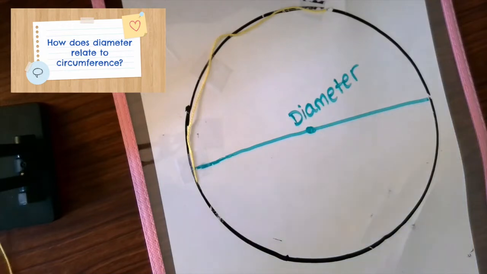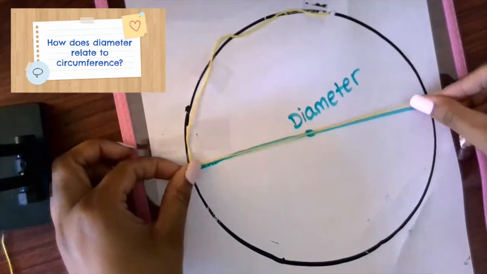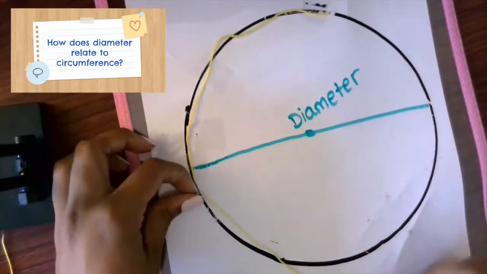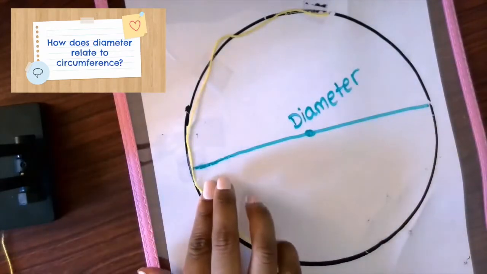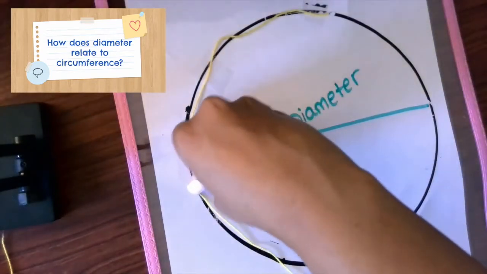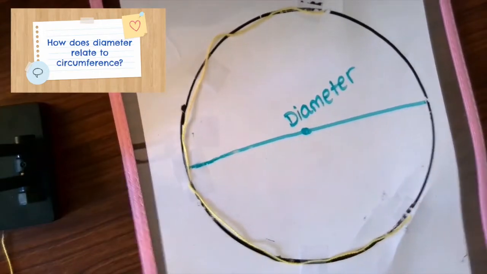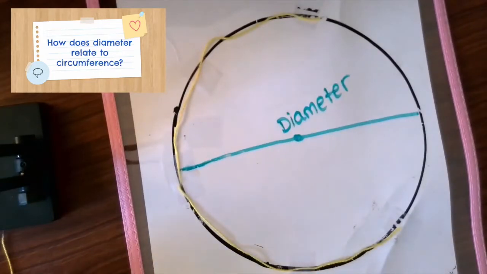Let's find out. I've cut another piece of string that again is about the length of the diameter, and I'm going to tape that around the circumference of the circle. All right, so if you said 2, that's still not enough.